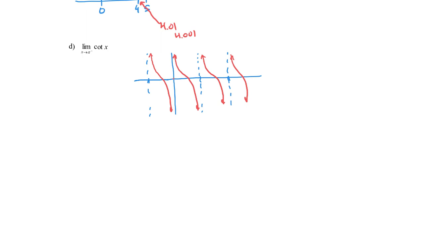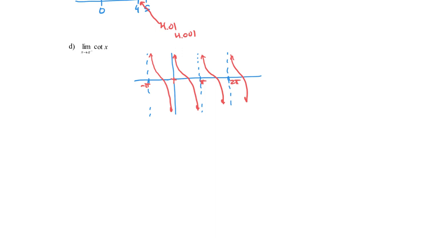So if this is the origin right here, we've got pi here, 2 pi, this is negative pi. The cotangent graph is always decreasing. So as x approaches pi from the left, you can see the cotangent graph is going towards negative infinity. All right, so the answer is negative infinity.